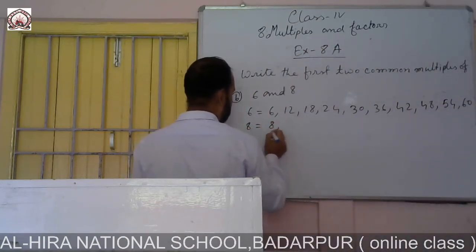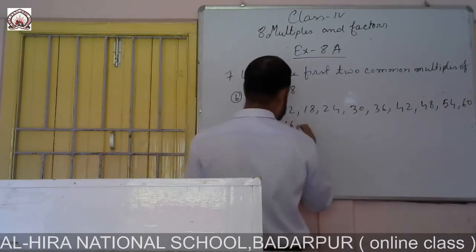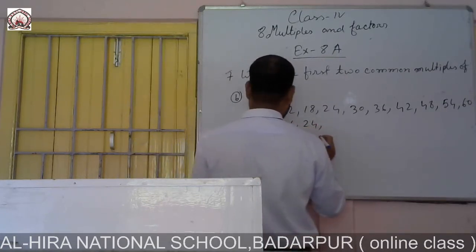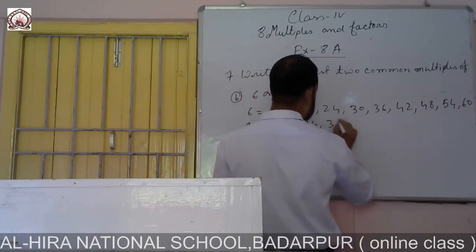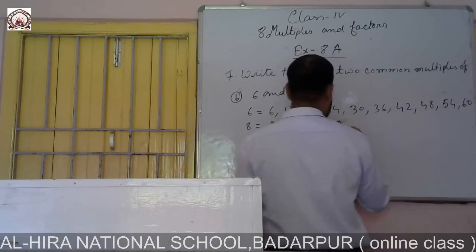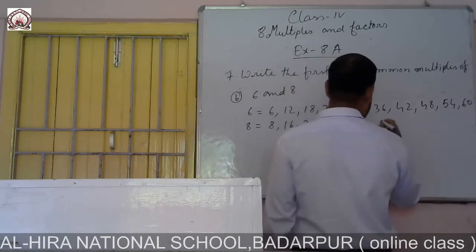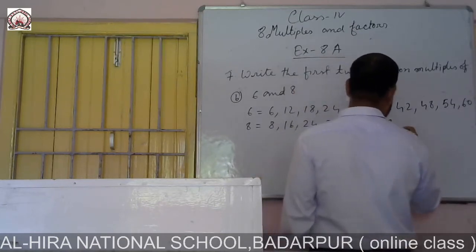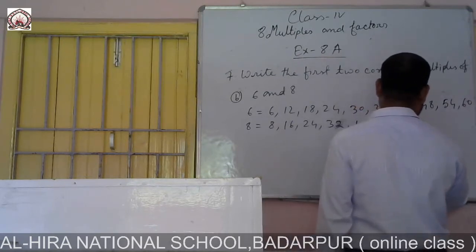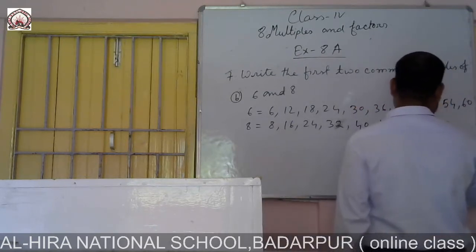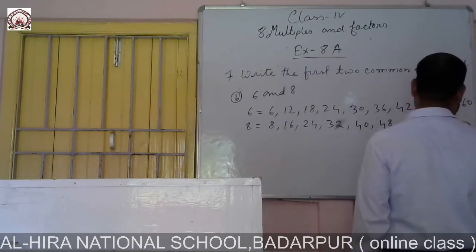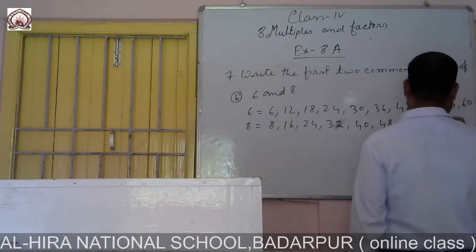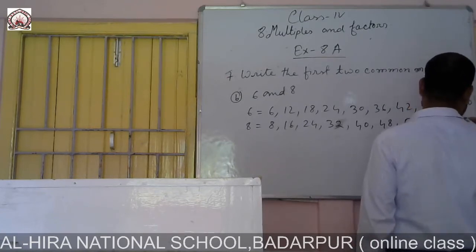Table number 8 is 8, 16, 24, 32, 40, 48, 56, 64, 72, 80.